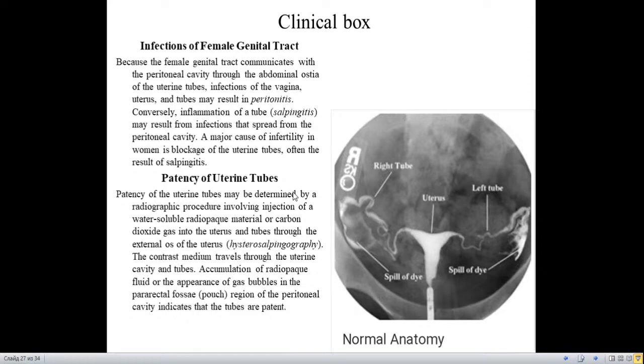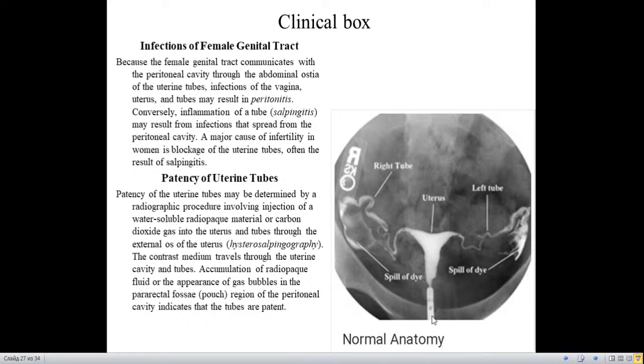Hystero means related to the uterus, salpingo related to the uterine tube, grapho recording. So actually hysterosalpingography is a method of X-ray examination. How is it done? Look, what we see here.